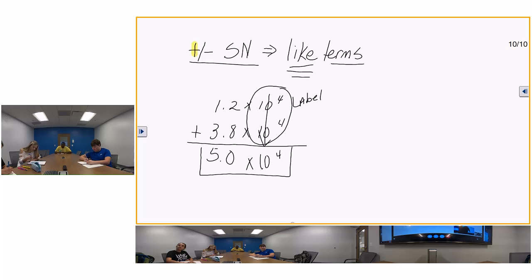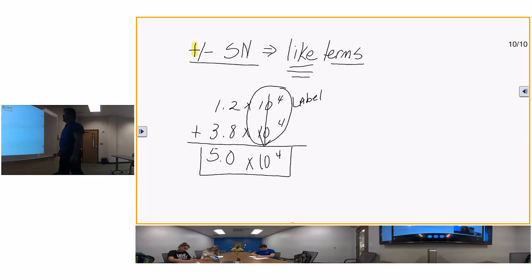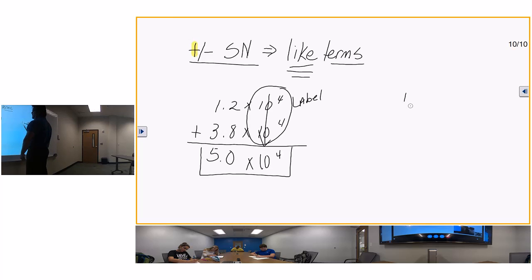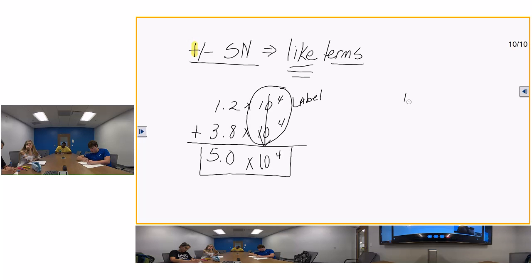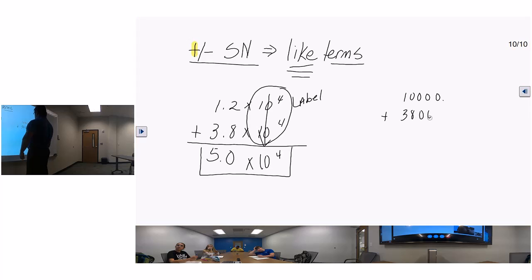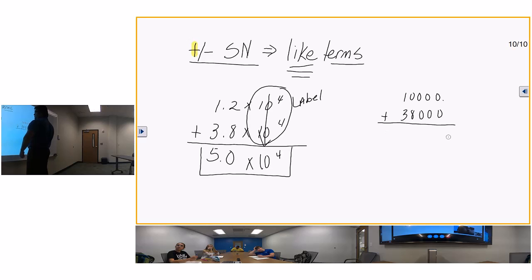Now, I can show you that by doing this. This is supposed to be 1.2.